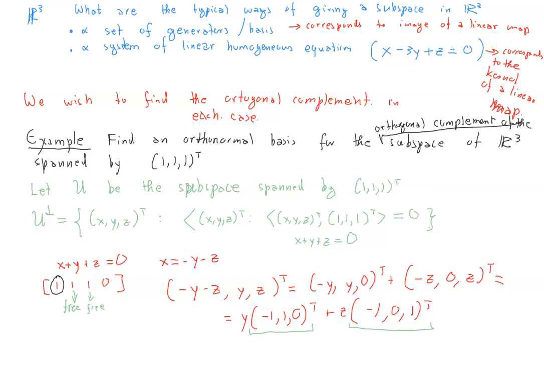So what I want to do now is Gram-Schmidt on the vectors negative 1, 1, 0, and, actually, it was the other way around.